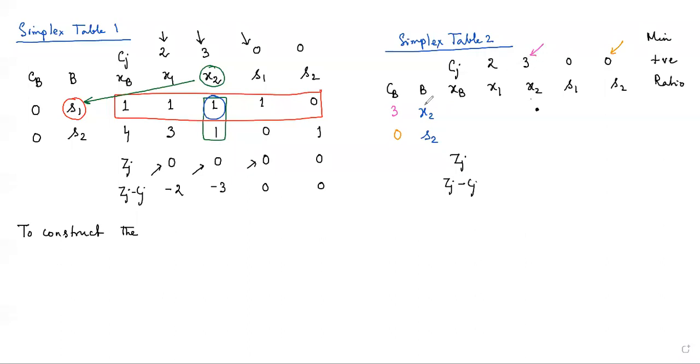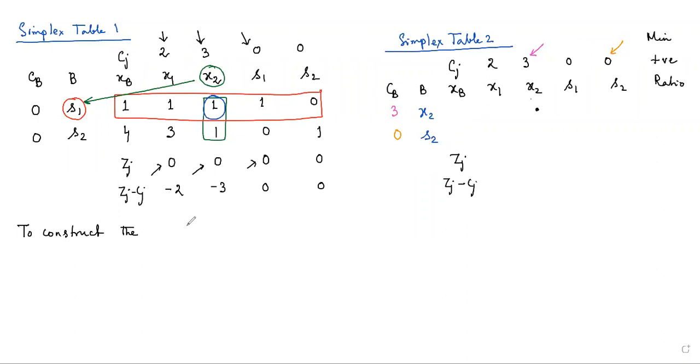And x2 has now become the basic variable, so its coefficient is 3. I have marked it pink. So this arrow and that tree that you see are of the same color. They are correlated to one another. This is yellow marked, this is yellow marked. Try to correlate. I'm trying to show you the connection by these colors.